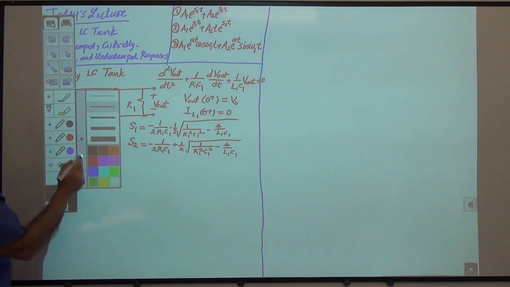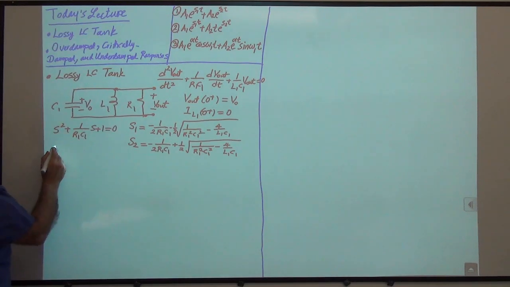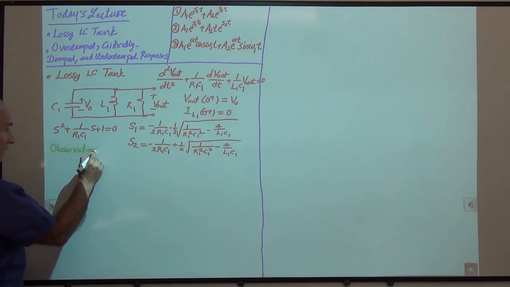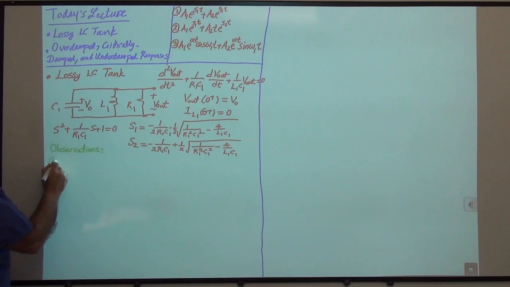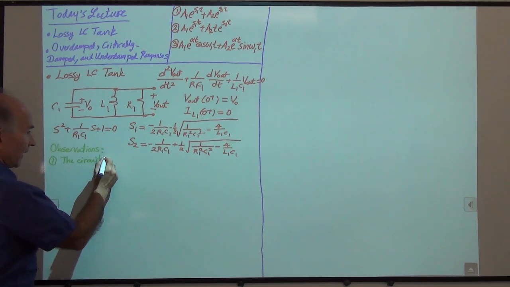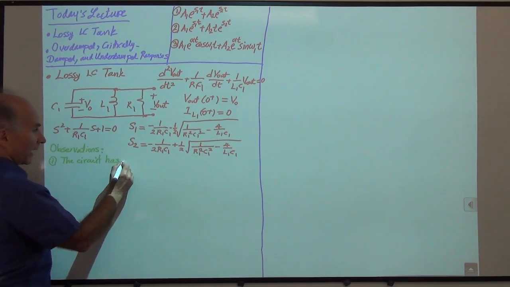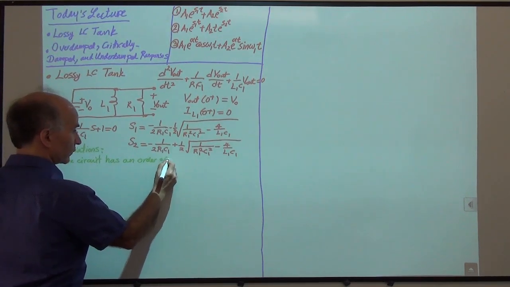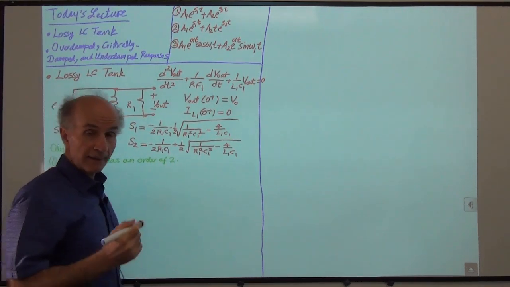So, the first observation. We say the circuit has an order of 2. It's a second order circuit.